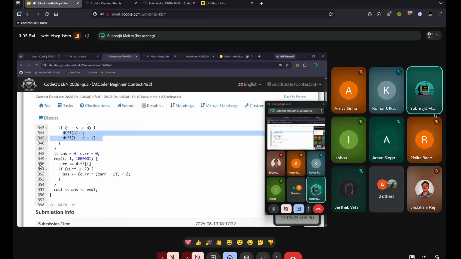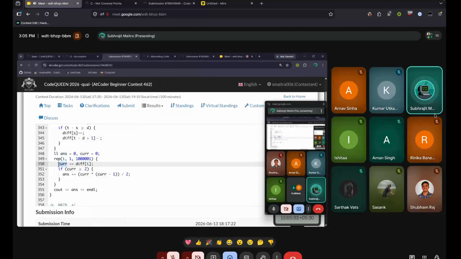Now we keep our answer and our current. We loop through all the elements. We do current plus equals difference of I. Why are we doing plus equals difference of I? Can you understand?